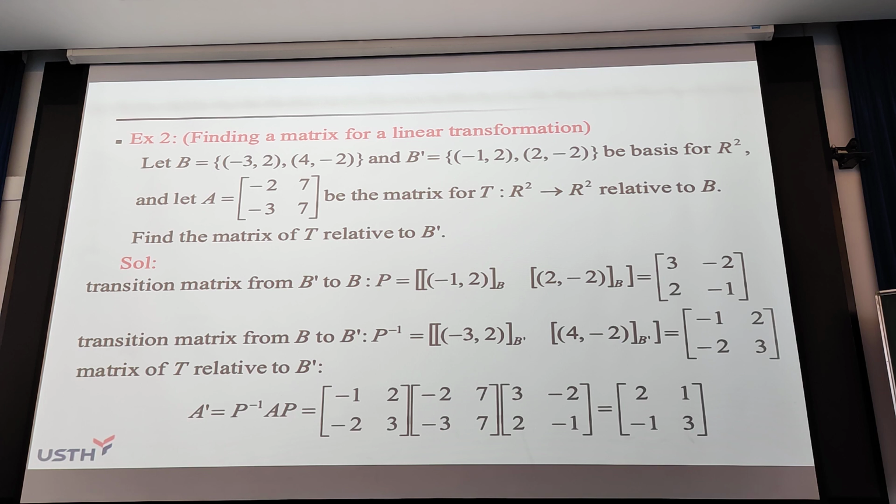So in case of small dimension, it's very easy to do the calculation. Even when you get the dimension up to 3, it is very easy to find the transition matrix, if you remember the formula to find the transition matrix. And the last step, you need to multiply 3 matrices together, you get the A prime.